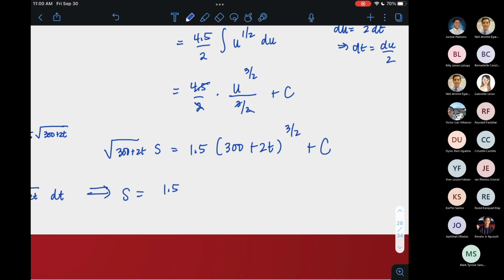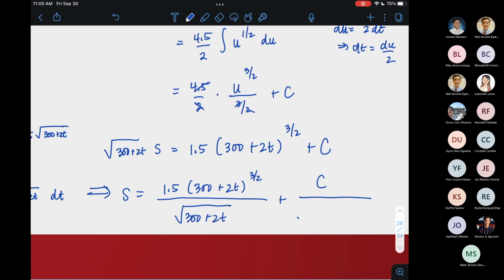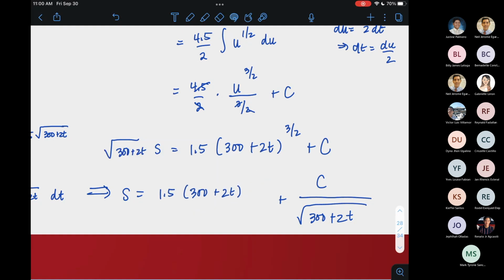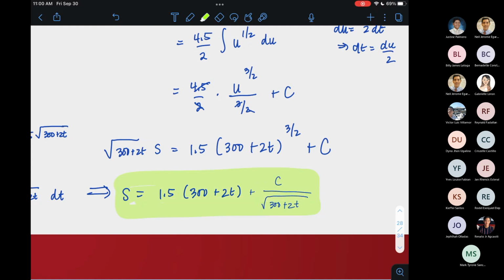It's 1.5, 300 plus 2t to the 3/2 divided by the square root of 300 plus 2t plus c over square root ng 300 plus 2t. Okay? O, kaya lang dito, ito ay to the 1/2. So, magkakaroon ng minus 1/2 doon. So, ito ay magiging 1 na lamang. Okay? So, this is our general solution to the ODE.